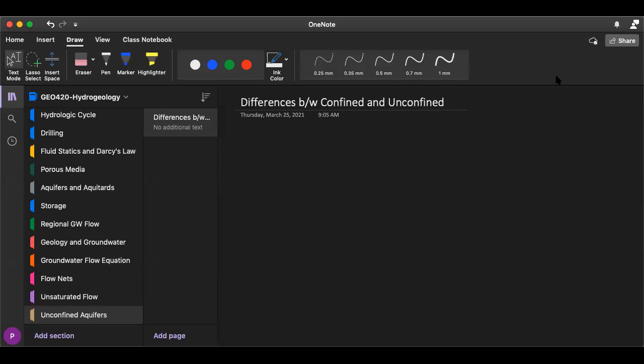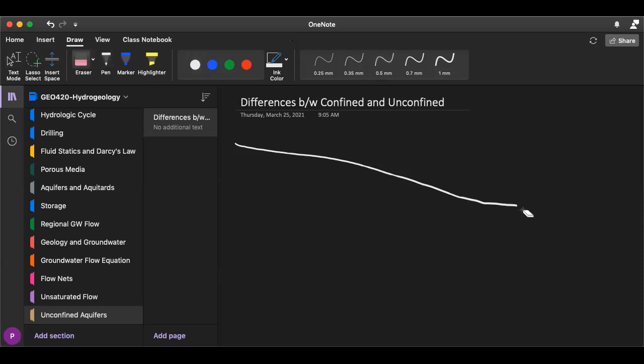So let's talk about flow in unconfined aquifers and why they are different than a confined aquifer. So I'm going to draw a sloping land surface that goes down to a river.